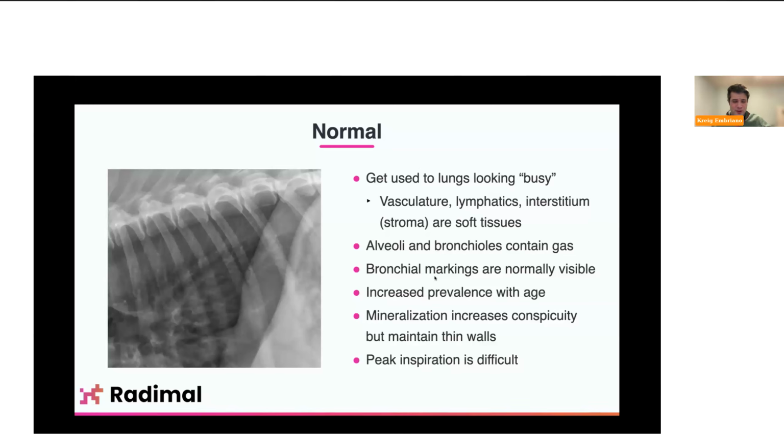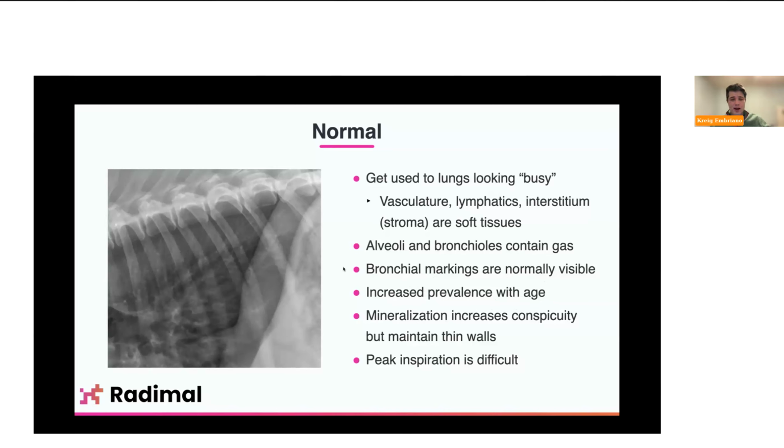These are all soft tissue opaque, and so they're going to create opacities within the lung, and that's what we're seeing here. We're seeing vessels here, we're seeing bronchi. As you get closer to the hilar region, you're seeing some bronchi are mineralized, and as dogs get older, especially middle-aged and older dogs, there's an increased prevalence of mineralization of those bronchial walls.